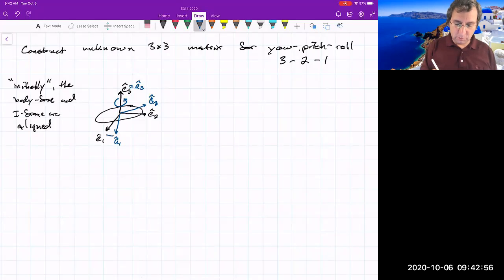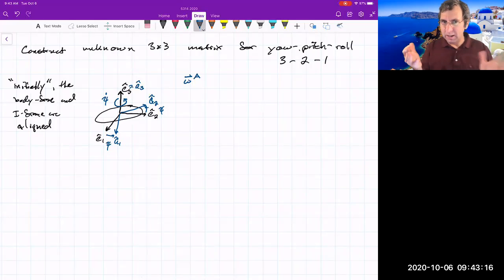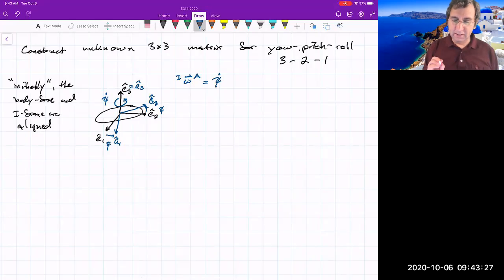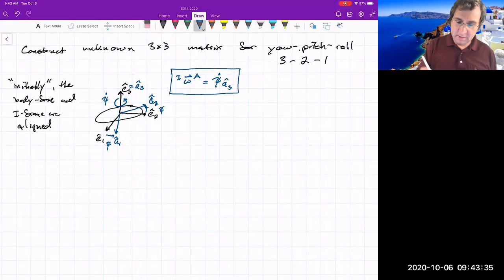This rotation angle is psi, and the rate at which we're rotating is psi dot. So we'll write the angular velocity of this made up intermediate A frame with respect to the I frame: that angular velocity vector is psi dot, the rate of rotation, and the axis is either A3 or E3. I'll write A3. So that is that rotation.